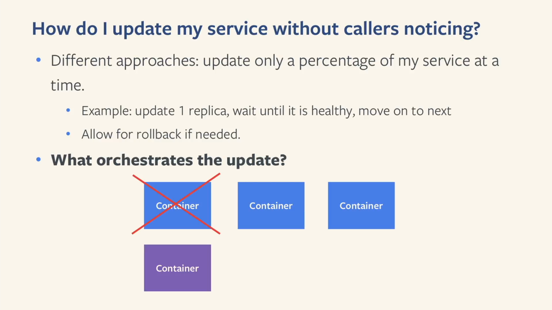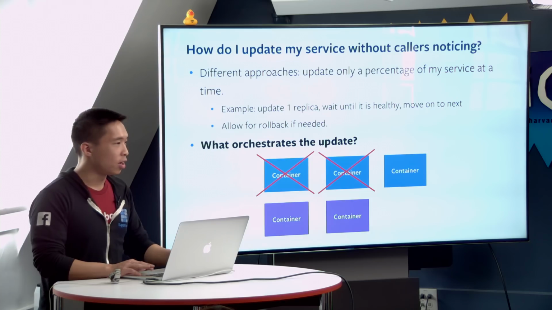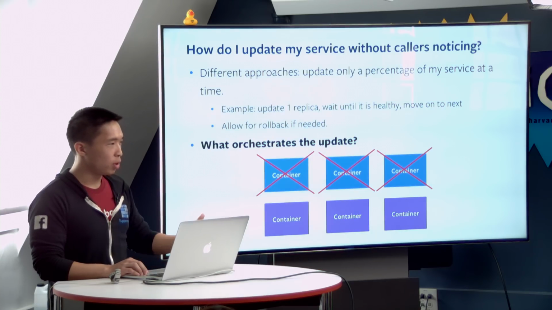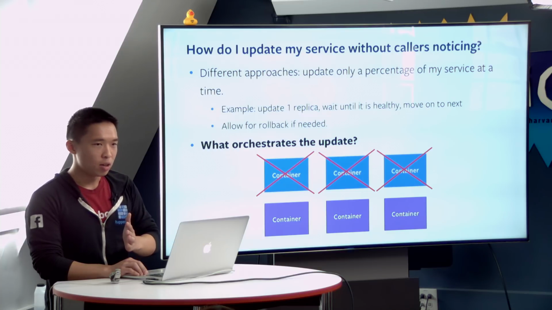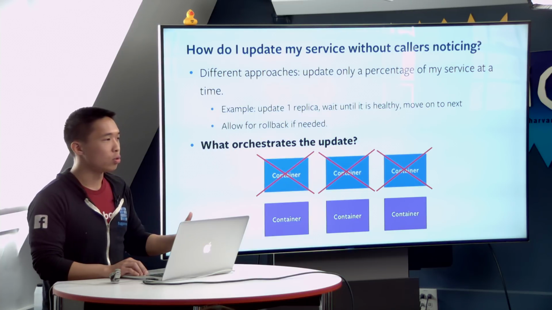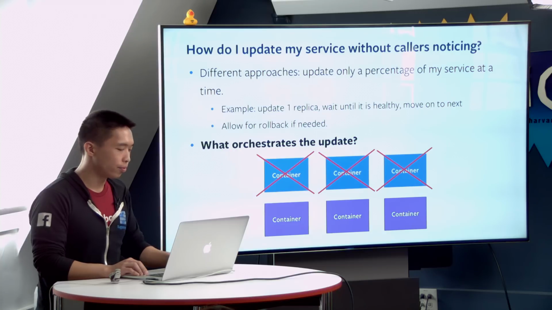What I would do is take down 1, start a new one with the new software update, wait until that's healthy, and then once that's healthy and traffic is back to normal again, I can take down the next one and update that one. And then once that's healthy, I can take down the next one. And now all my replicas are healthy, and users have not had any issues throughout this whole time period.